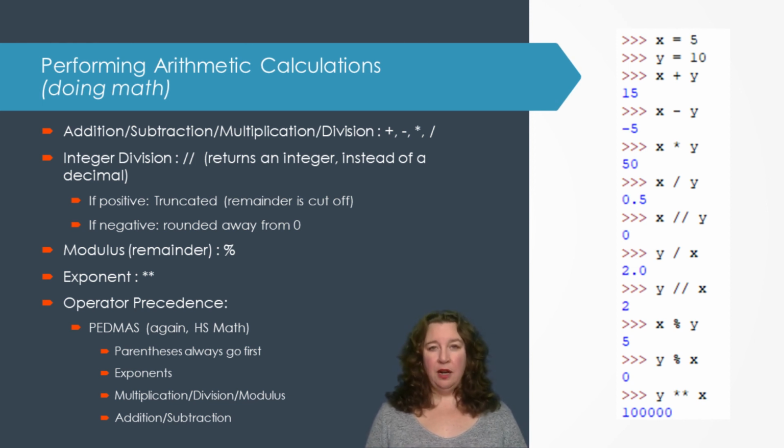It will truncate off that 0.9. It will not round it. If it is negative, it will round it away from 0. So if I had negative 2.1, it will round it away from 0 and turn it into negative 3. Okay, that's integer division. It will take a decimal result of a division and turn it into an integer by truncating off the end.